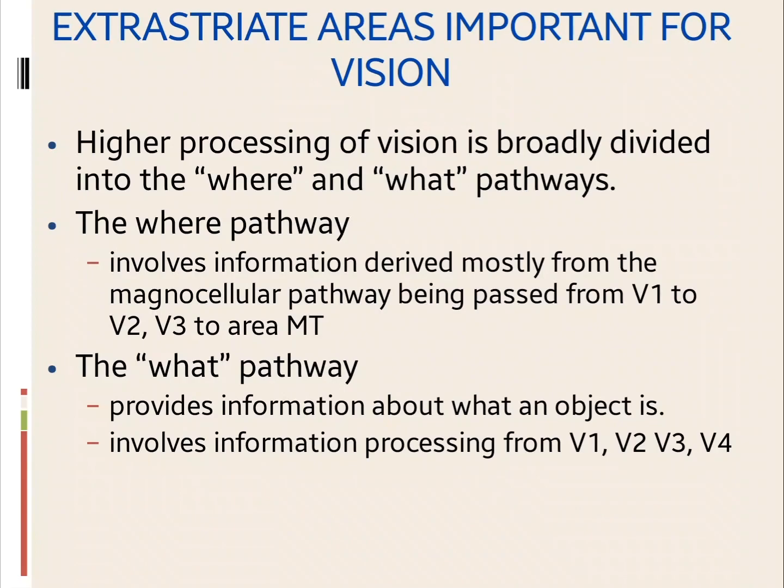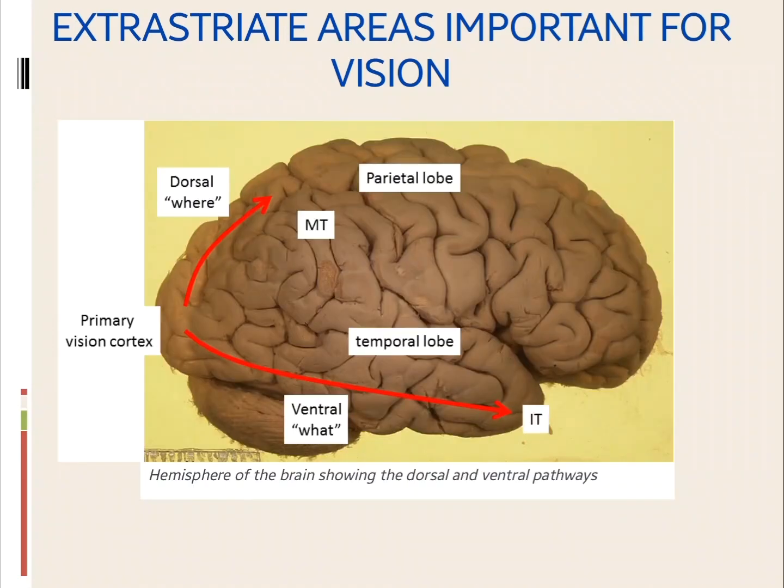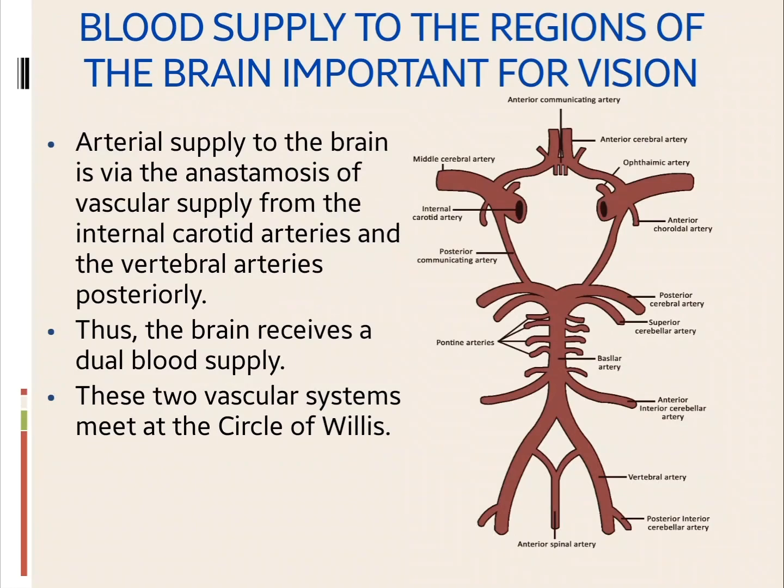The what pathway provides information about what an object is, and involves information processing from V1, V2, V3, and V4. That's a diagram showing the MT, the what and where pathways, and at the back we have the primary visual cortex.